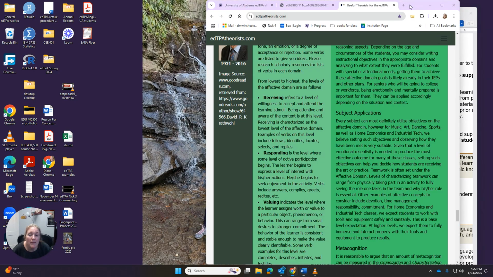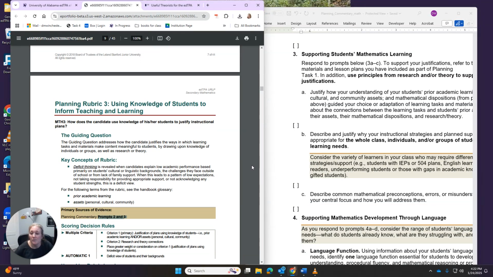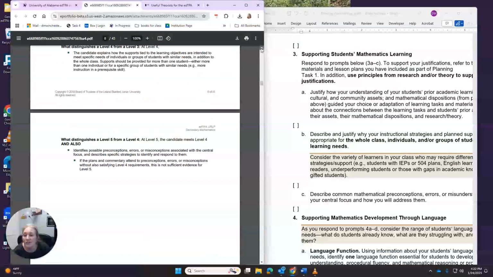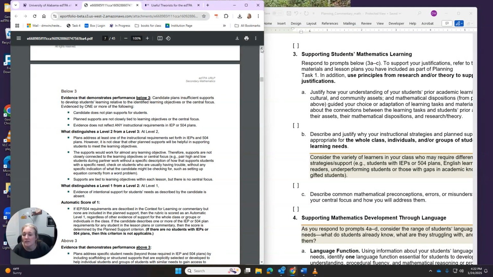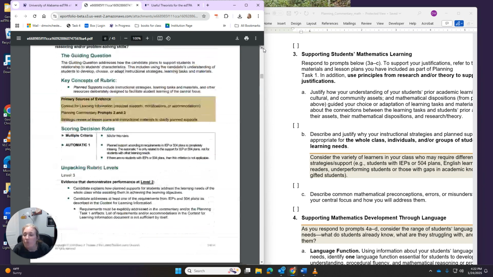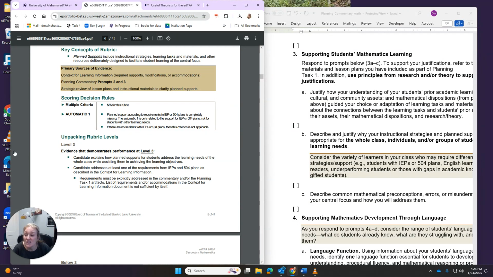Right. When I'm going back to my rubric and I'm looking at rubric 2, if I want to know which part of the prompt is going to be critical for the majority of that score, I'm going to look at this level 3, and it says the candidate explains how the plan supports address the needs of the learners right here. Okay, so which part of the prompt is that?